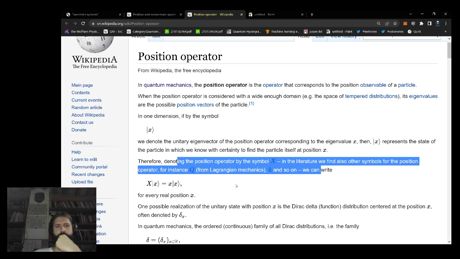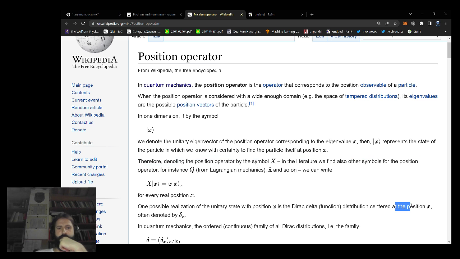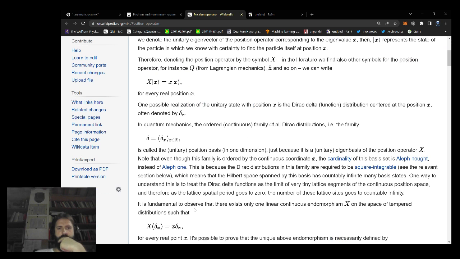We can write this for every real position x. One possible realization of the unitary state with position x is the Dirac delta distribution centered at the position x. In quantum mechanics, the ordered continuous assembly of all these functions is called the unitary position basis in one dimension, just because it is the unitary eigenbasis of position.